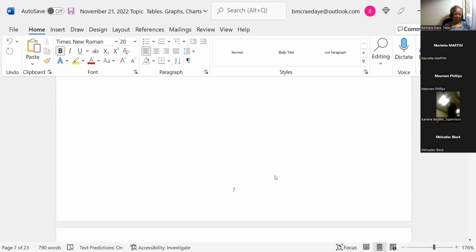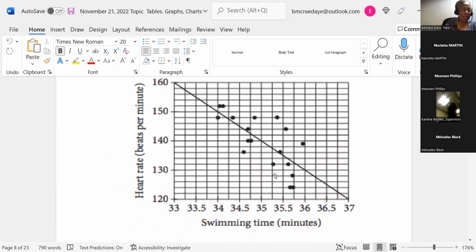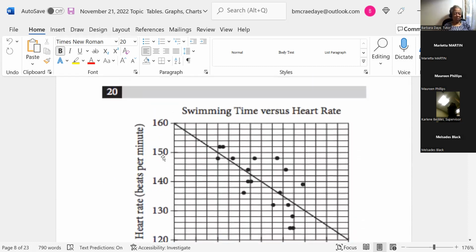No. Okay. All right. Now, this one involved what? The line of best fit. And remember, I said you could have scattered points and you draw a line in the middle, dividing half the points on one side of the line and about half on the other. So that line that you see here is the line of best fit.